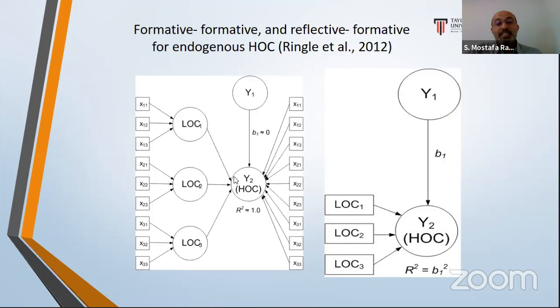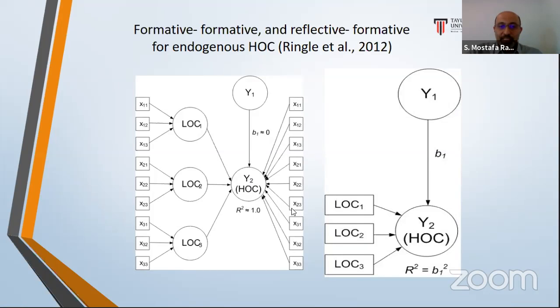When we have this DV as a second order formative construct and we use the repeated indicator method, if we add any other variable in this framework, here Y2 is second order and formative, right?